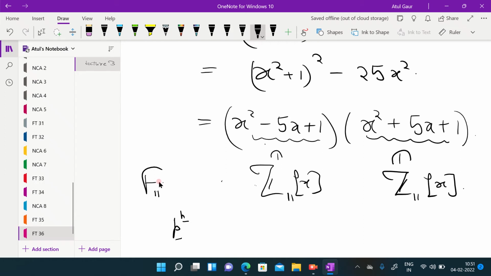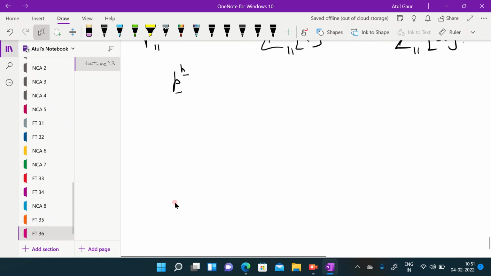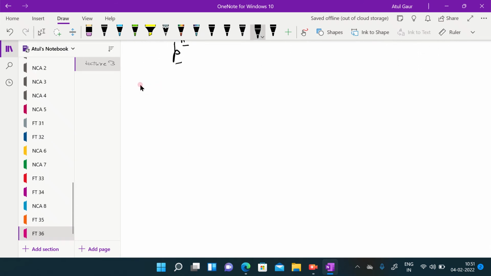Why I'm telling you now is because you may get this notation F11 in the exam. It simply means you have a field with 11 elements. That's it. Okay, so is this all right? Yes, sir. Fine. So let me come to the next theorem.